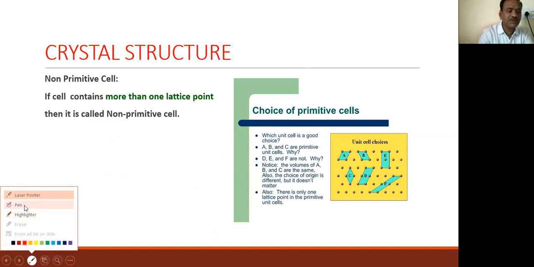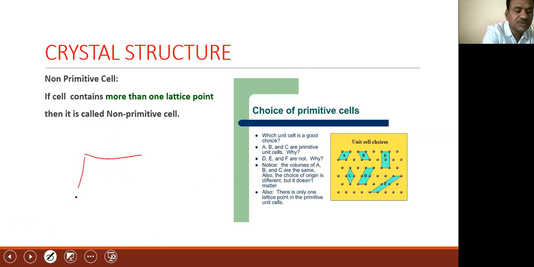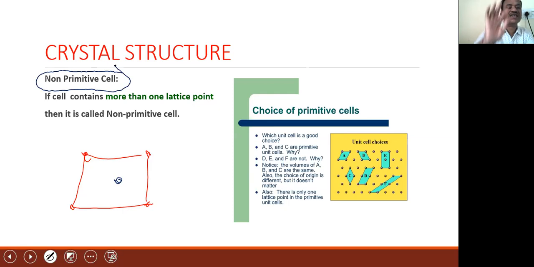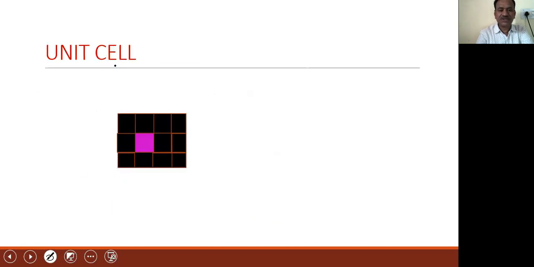Suppose this is one unit cell with atoms at the corners, and apart from that, one atom is present at the center. Then this cell is called a non-primitive cell. Okay. Next, with this idea, now I proceed to today's discussion.